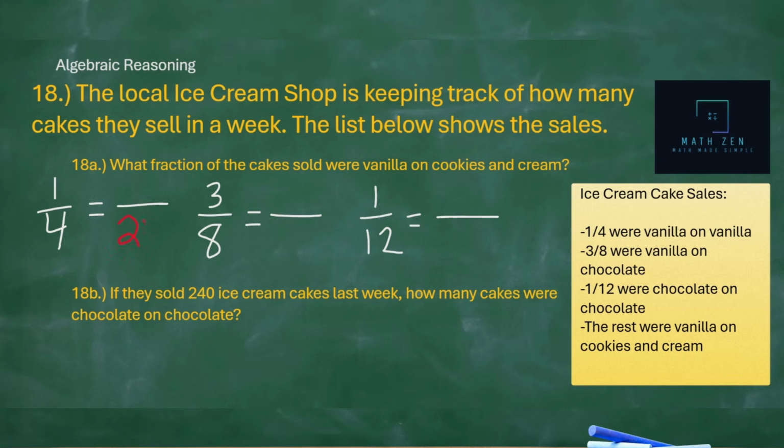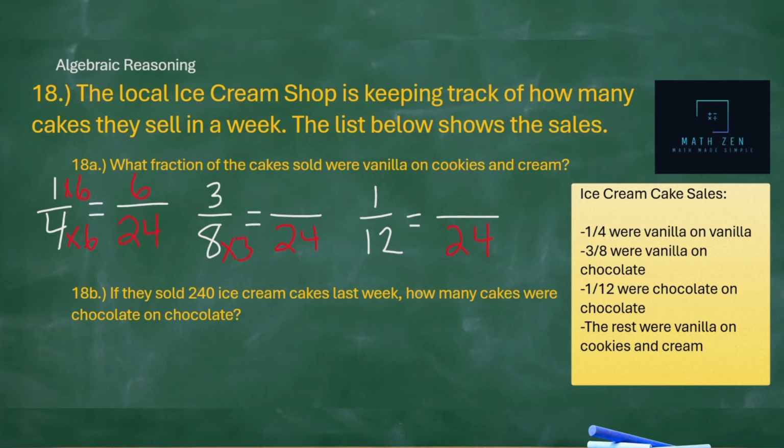And we would use that by writing 24 as each of our new denominators and then asking ourselves what we did to the original denominator to create that. So 4 times what gave us 24? Well, 4 times 6. Then you would go to the numerator and do the same thing. And our new fraction for 1/4 is actually 6/24. Then for 3/8, we ask what did we do to the 8 to make 24?